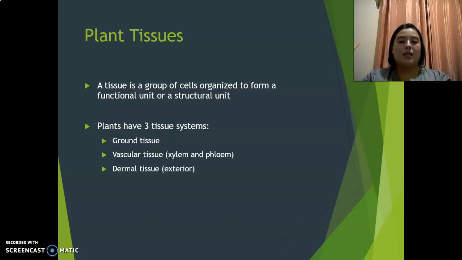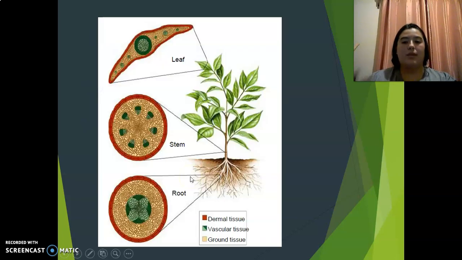Plants have three tissue systems: ground tissue, vascular tissue that is xylem and phloem, and dermal tissue that is the exterior. And this is an example of plant tissue. Dermal tissue in the example of leaf, stem, and root is in red, the vascular tissue in green, and the ground tissue in yellow, okay?